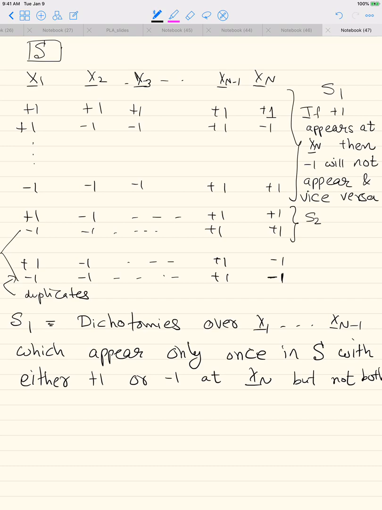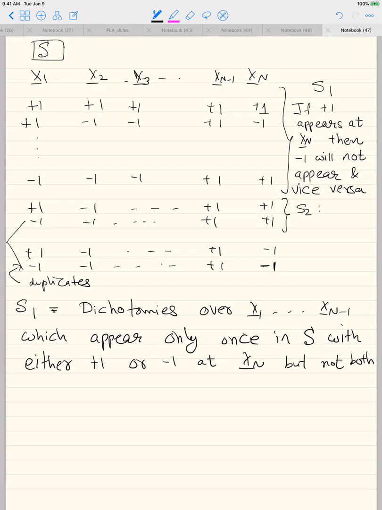Okay. S2 is the collection of all dichotomy vectors that if +1 appears at xn, then -1 also appears.